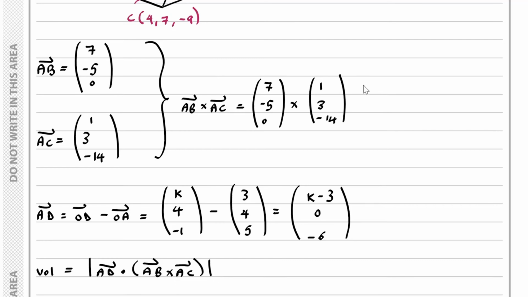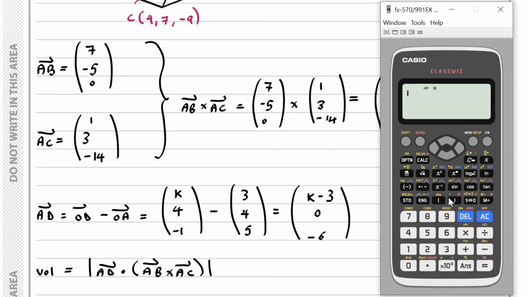Alright, so working this out, if we go to the menu, which we want to go to this menu, so let's define vector A, (7, -5, 0), and the other vector, let's define that to be (1, 3, -14).